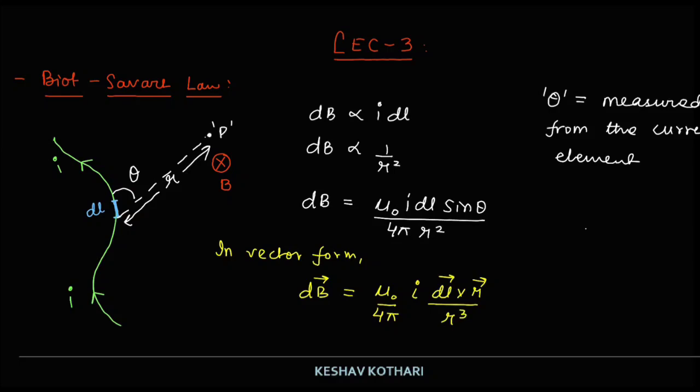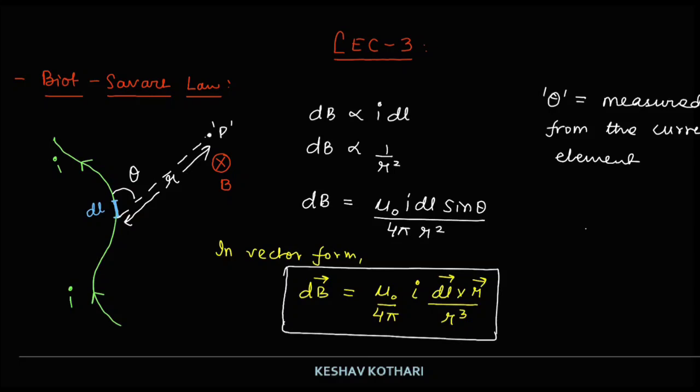So we can express it in vector form in this fashion, that is dB vector is equal to mu naught upon 4 pi I dl cross r upon r cube.